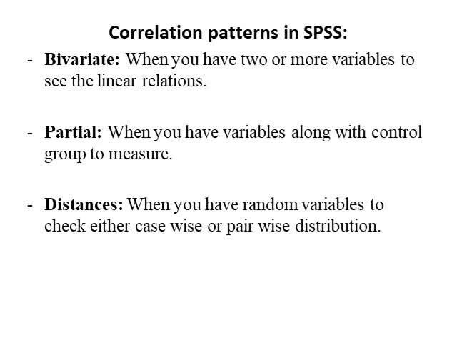When you have random variables to check either case-wise or pair-wise distribution. Here you will select random variables and then you will see the relationship from one case to another case or from one pair to another pair.